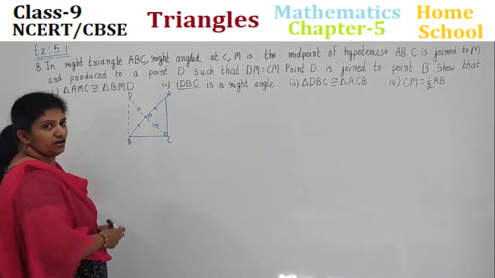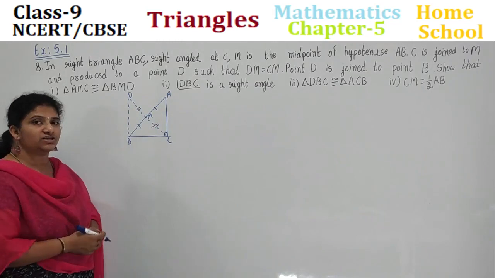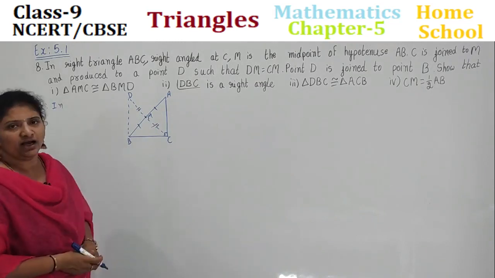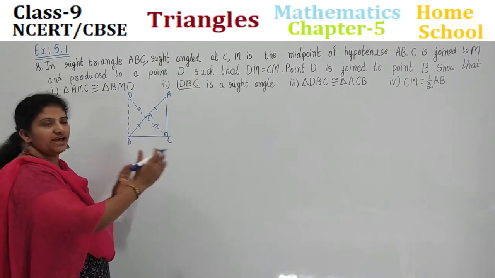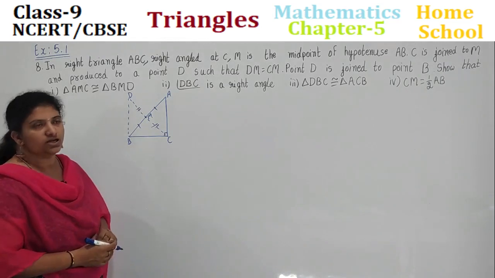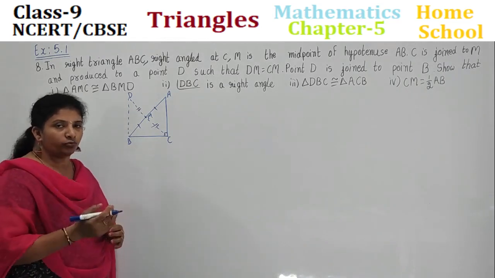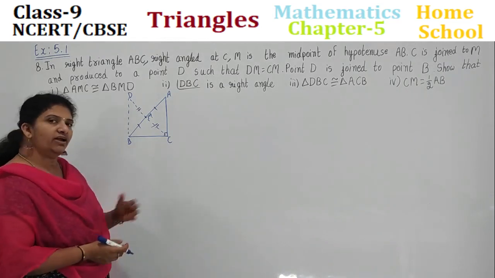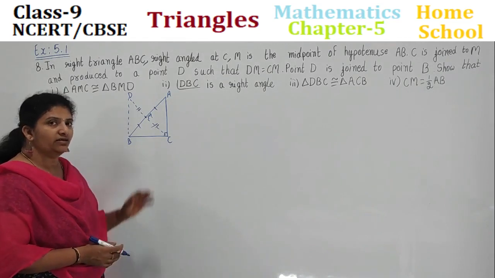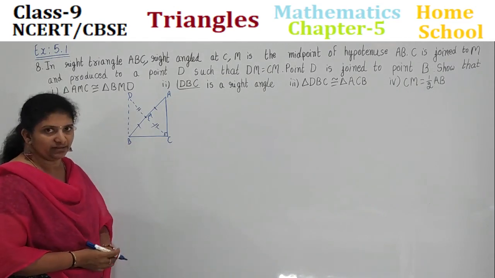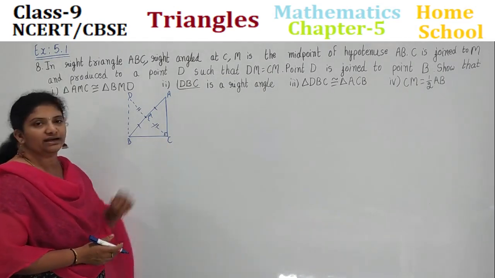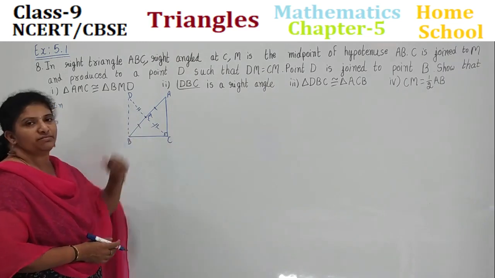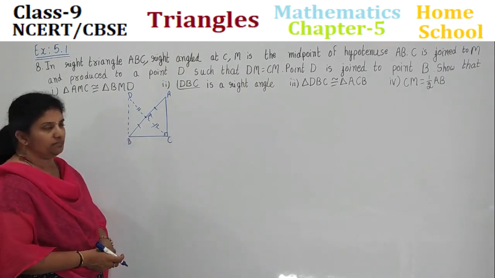Okay, let us start our proof. How can we start, children? Write all the given data. Space is very little for all the four cases, so I will just say the given data and what to prove orally. Given data: ABC is a right triangle, right angle at C. M is the midpoint of the hypotenuse AB.